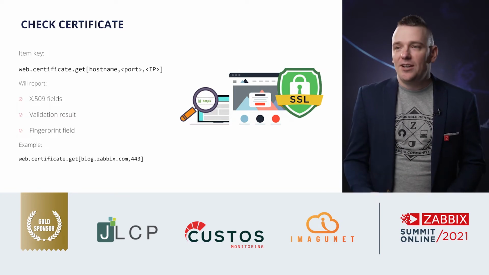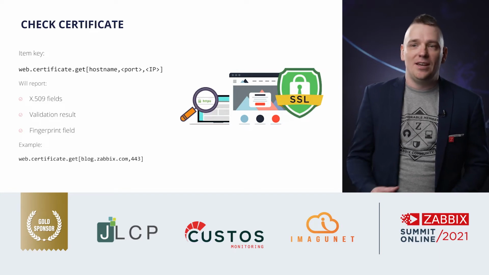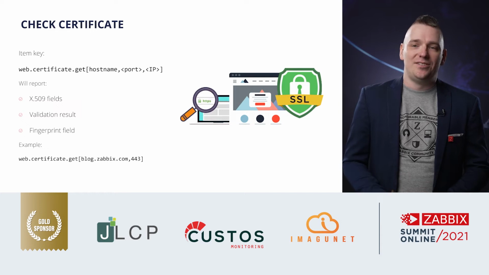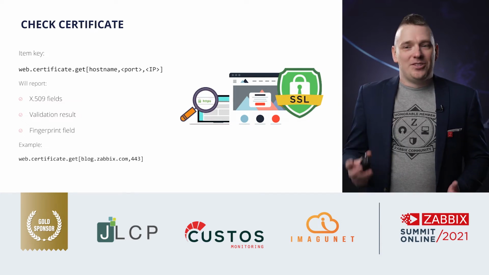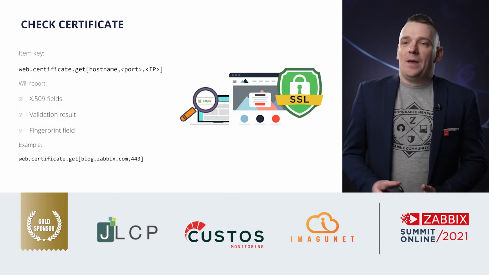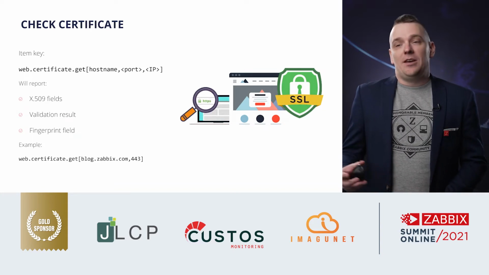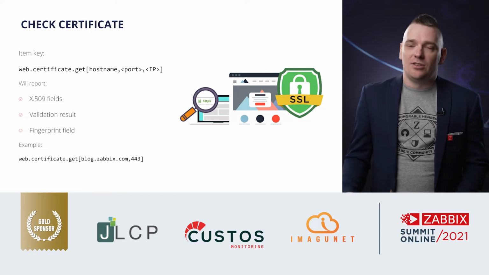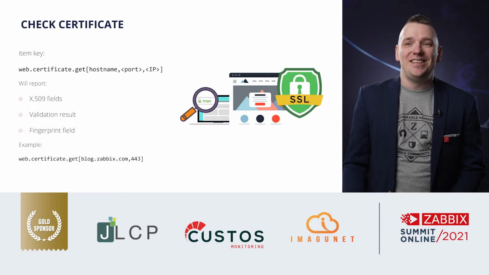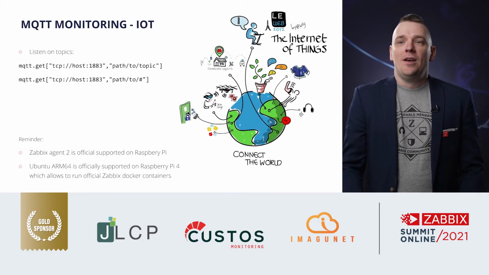Is this a self-signed certificate, or what is the certificate authority? That's one useful thing, but most important, we can track the days until the certificate expires, and that's good. Here we can use either the DNS name or IP address together with the port number, so we can fetch and see what the current status is.